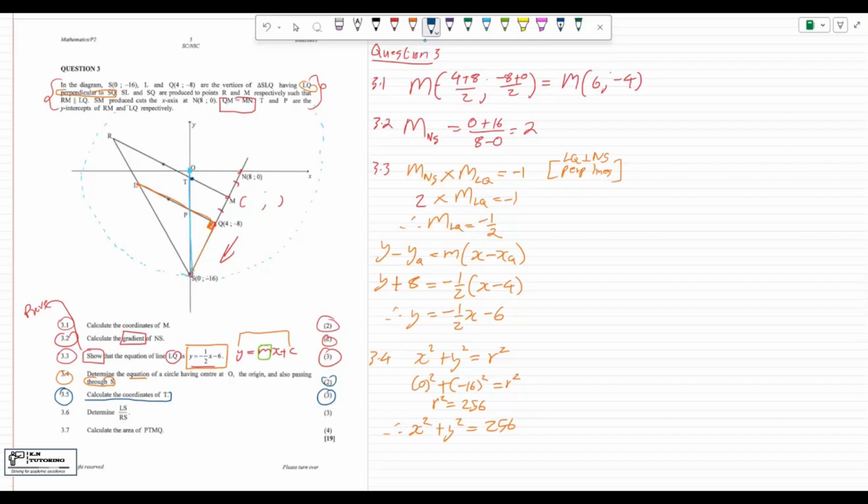One of the ways we can find this is for us to find the equation of this line. I'm not saying that's the only way, but what I will do is find the equation of that line, line RT or TM or RM, however you want to name it.